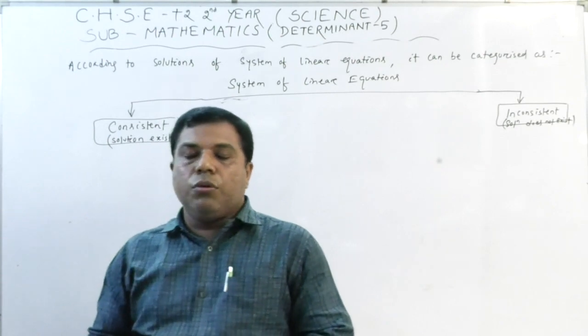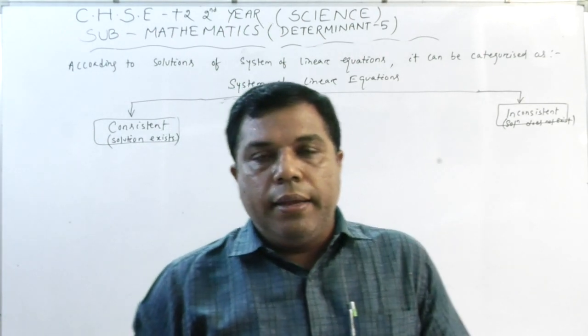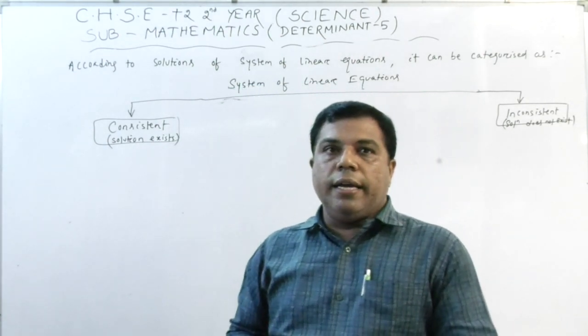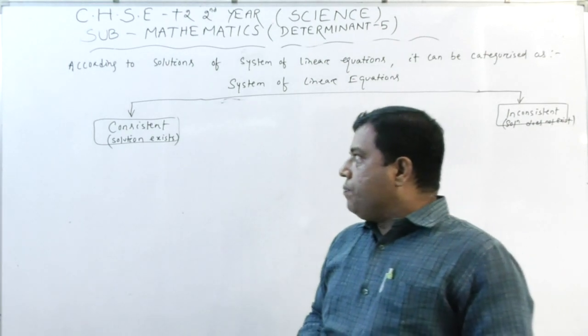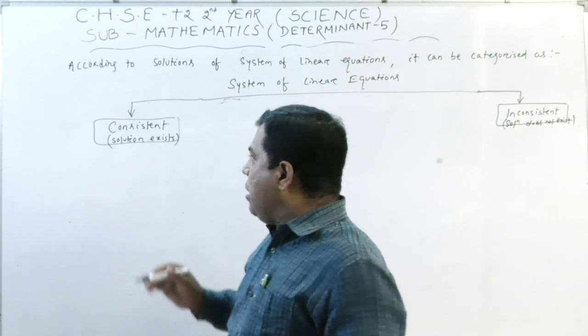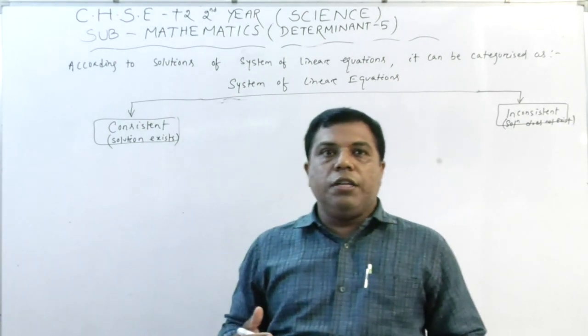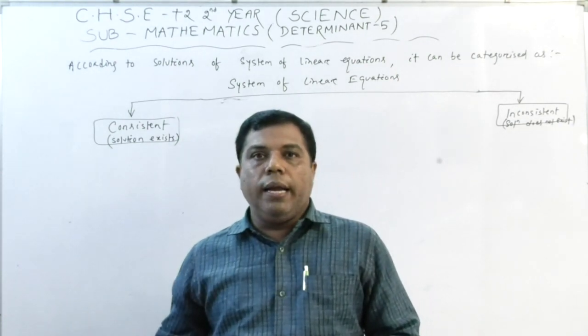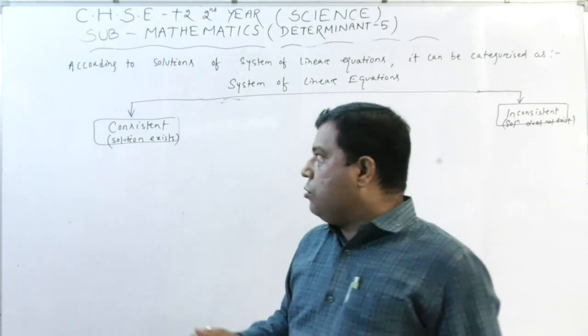So how can we verify whether a solution exists or not? Now consistent is again of two types. Either the solution is unique, or you may get an infinite number of solutions.